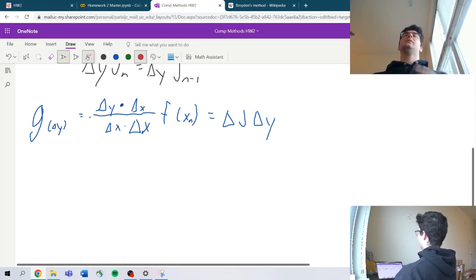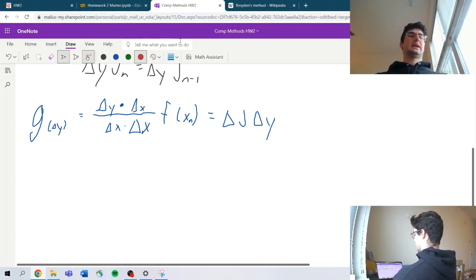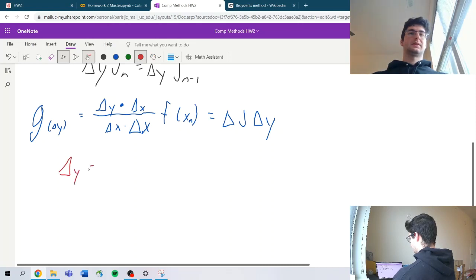So let's say the function we're giving it has n variables. This delta y is going to equal a matrix with one column and n rows, and delta x is going to be the same way: one column, n rows.